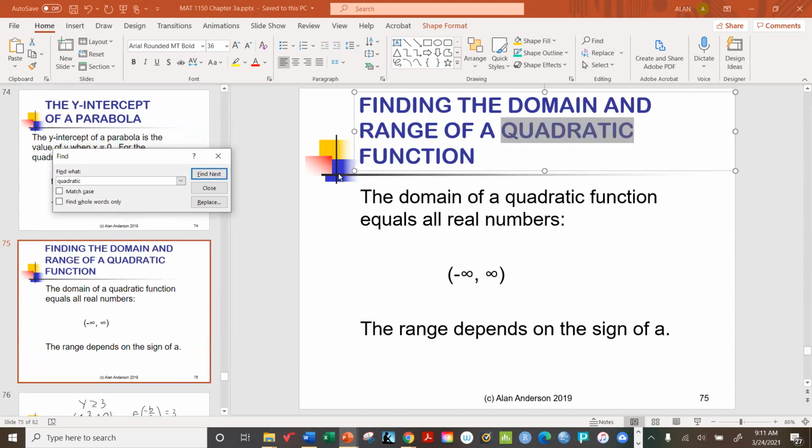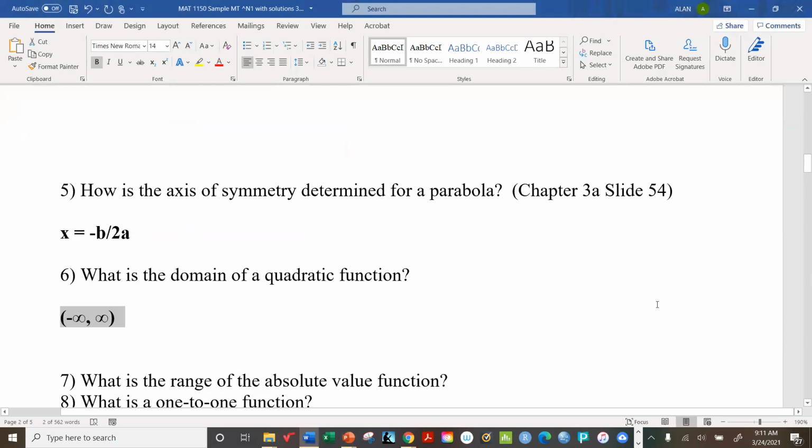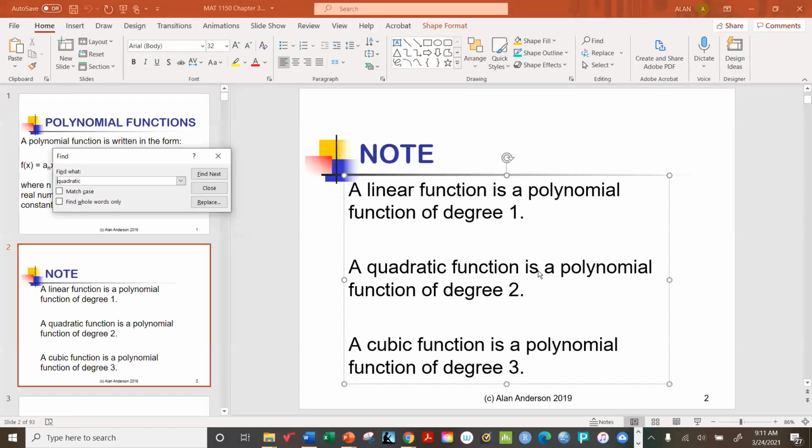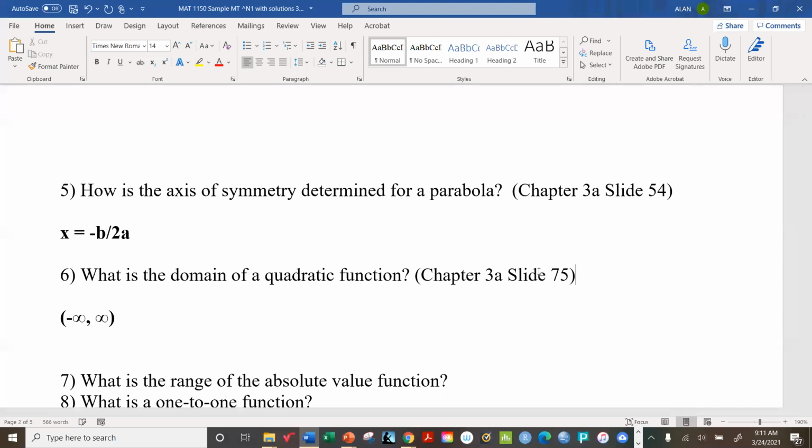I think we're getting warm. Here it is. 3a, slide 75. That's right, 75, just making sure. All right. So again, if you want to read up on that, it's 3a, slide 75.